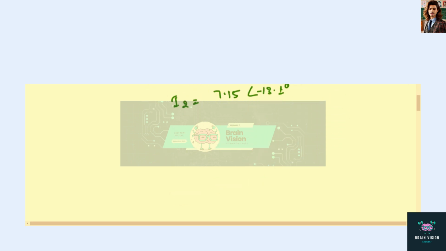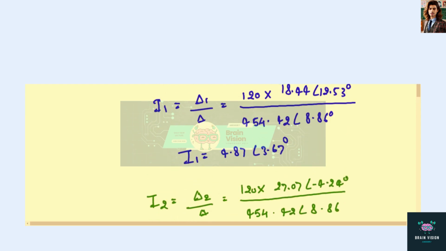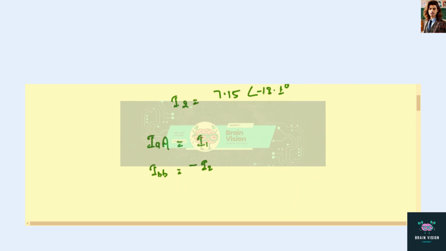The value of I_AA' is equal to I1. Similarly, the value of I_BB' is equal to minus I2. We found I1 equal to 4.87 angle 3.67 degrees, so the value of I_AA' will be 4.87 angle 3.67 degrees.